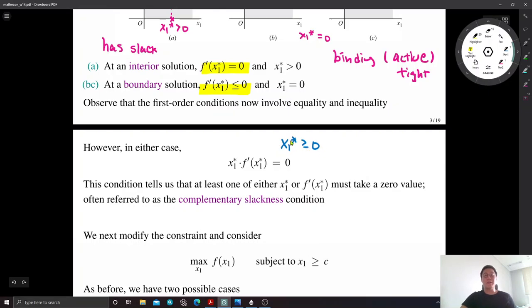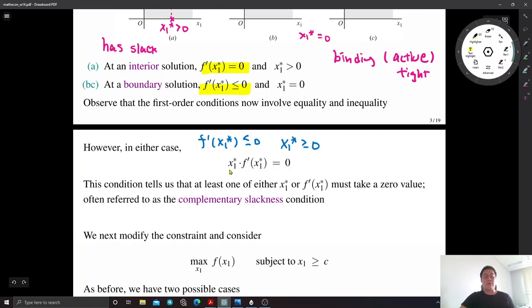And if this was the solution, it has to obey the second constraint that comes from the first order condition. So f prime should be non-positive, so either equal to 0 or strictly negative. Right? So the optimality condition gives rise to another constraint on f prime, the derivative.